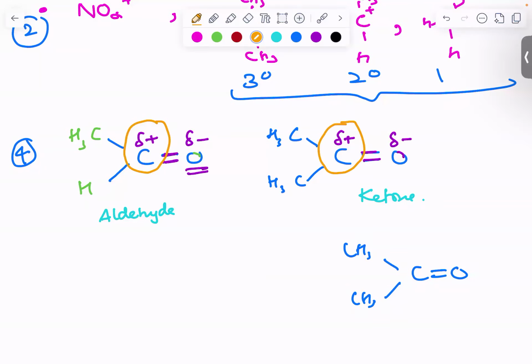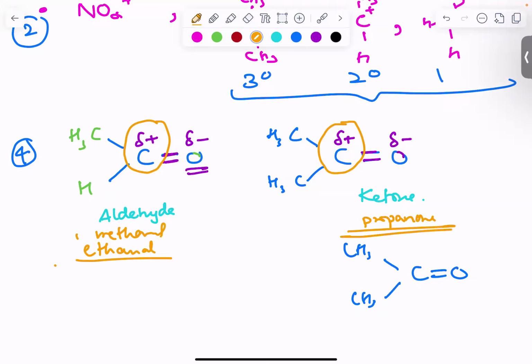That is why I'm going to give you the example. What is this? This is ethanal. And what is this? This is propanone. By the way, aldehyde starts with methanal and ketone starts with propanone.